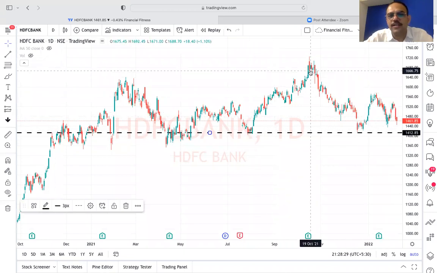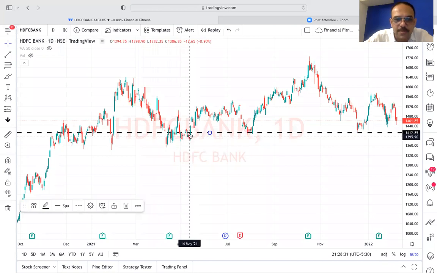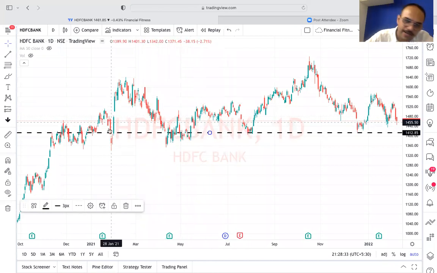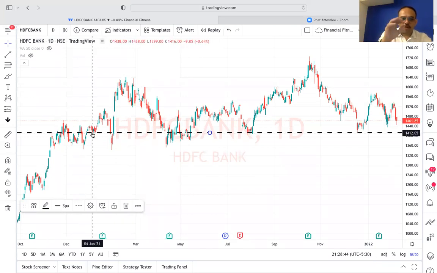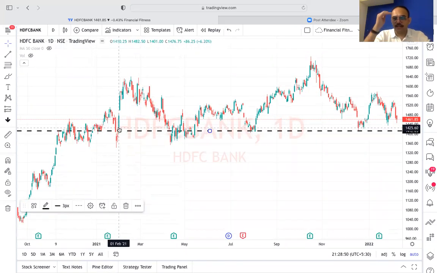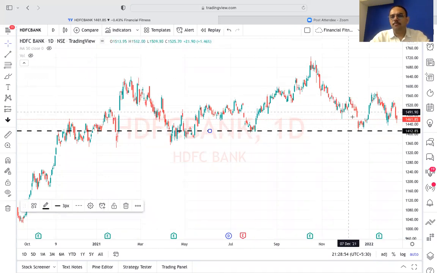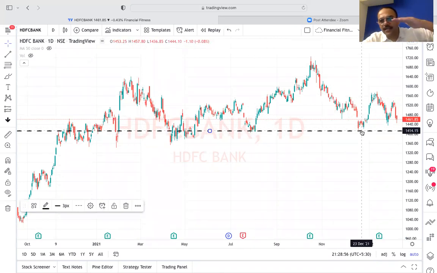Here in June, it has gone up. Okay, May, it has gone up. Fine. Here, it has gone up. So at this level, price has gone up. Every time, for the last almost 1 year, from January 2021, whenever the price comes to this level, there is a probability that it will take support and go up.